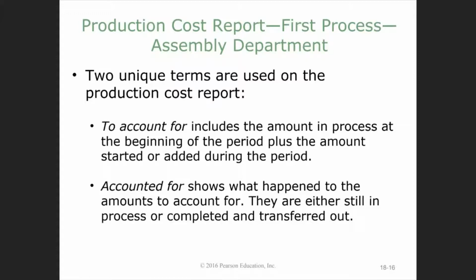Accounted for shows what happened to the amounts to account for. A lot of twos and accounts. So accounted for, they are either still in process or they are completed and they've been transferred out. So to account for is kind of the early stage. Accounted for is the latter stage, if you want to think about it like that.